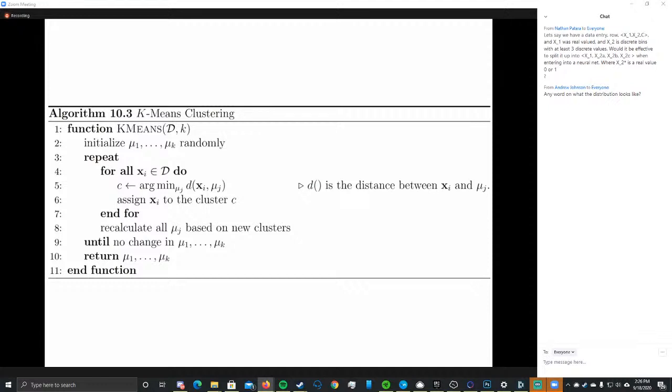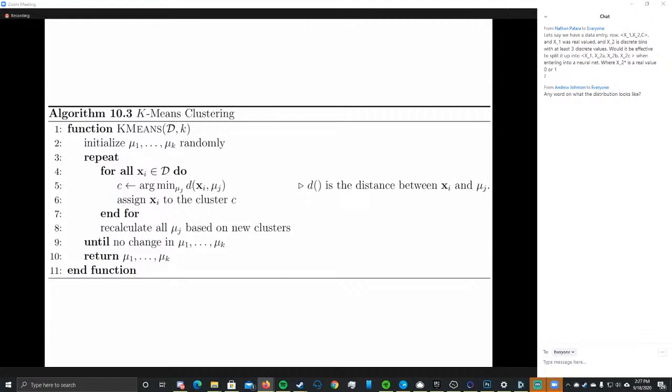And then the inner loop is going to process each of the examples in the data set. So you take a data point and you find which of those means, which of those centroids is closest to that data point. And you assign that data point to that nearest centroid, which is basically saying, based on these centroids, this data point belongs to that cluster.